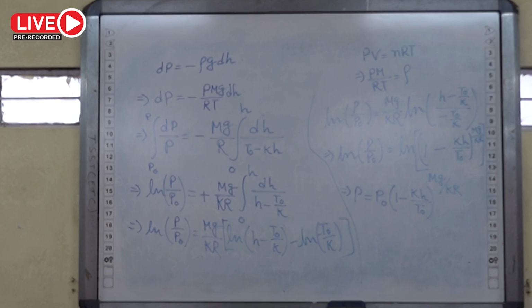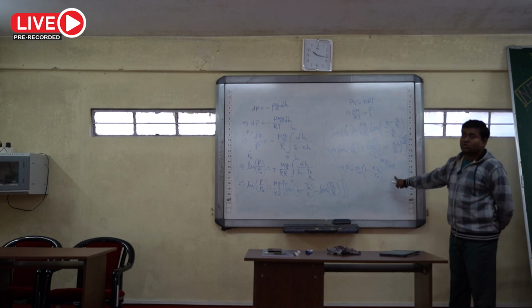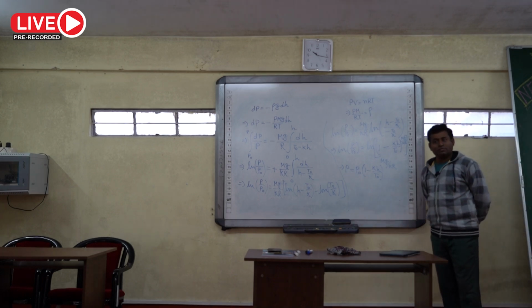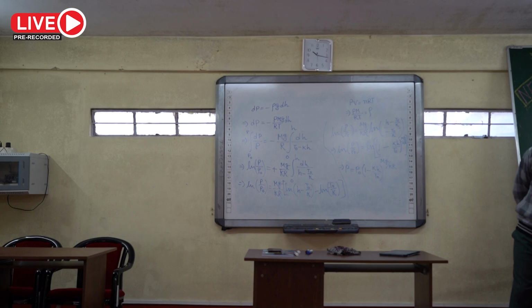After integration, the logarithm terms appear on both sides, so they will cancel. So this is the variation of pressure with altitude in the atmosphere. You have to remember this formula, so whenever a problem comes, you can directly put in the values and find the answer.